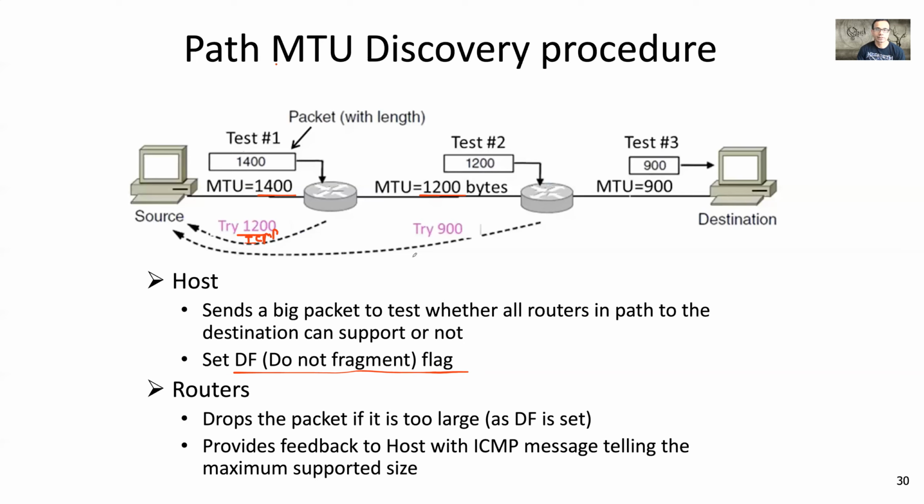So it sends back a control message saying try 900, right? And then it can try 900. No error messages are received. So from that point on, it can always use 900 so that there's no issue of fragmentation, right? So this can be used to avoid all this fragmentation.